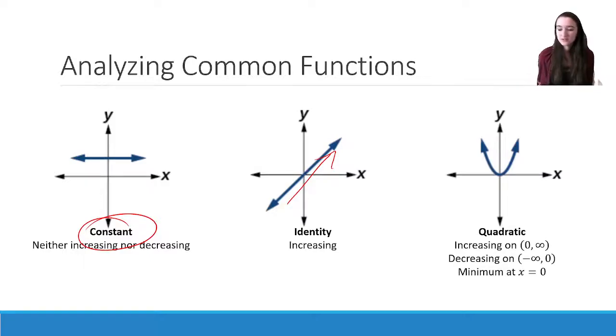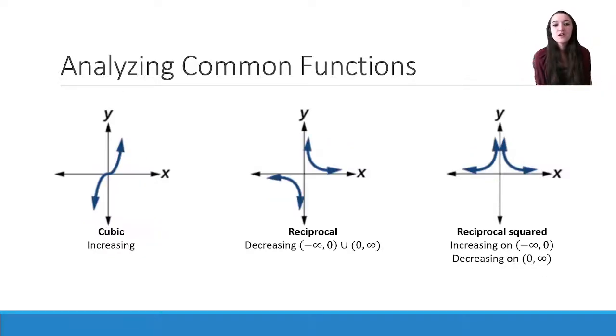So it is increasing. Whereas quadratic, it's going down and then it's going up. So it's the first one we have where we have increasing and decreasing, and it has a minimum at x equals 0, or a relative minimum specifically. It actually has an even better minimum than that. That is the full minimum value of the function, I should say.